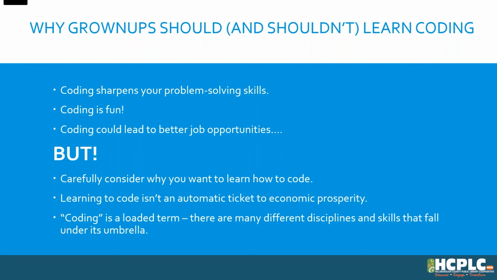It really does sharpen your problem-solving skills. Even if your job has nothing to do with computer science, on the surface, my job has nothing to do with computer science, but in putting together coding classes for kids, even that has sharpened my problem-solving skills. For instance, earlier this week, I was coding a dance party, and I had to figure out how the dinosaurs were going to dance. So it definitely sharpened my problem-solving skills.